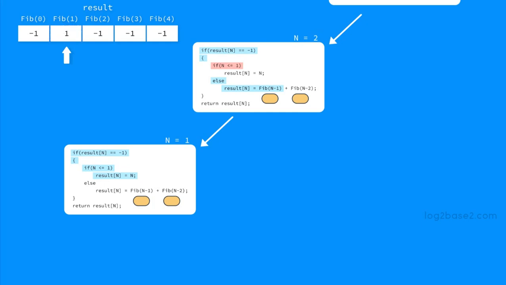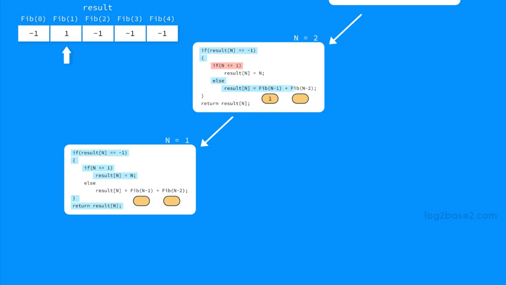Now, whenever we have fib of 1 called, we can simply take the result from this array and we do not need to compute it. Now here we have return result of n. So 1 will be returned to calling function fib of 2. Now this recursive call is finished. It has done its job.